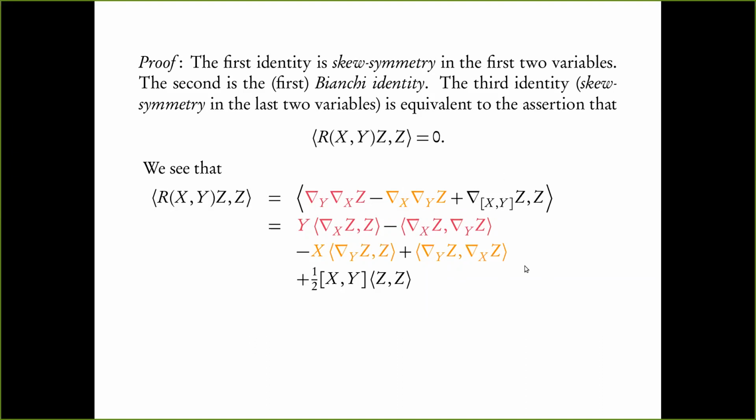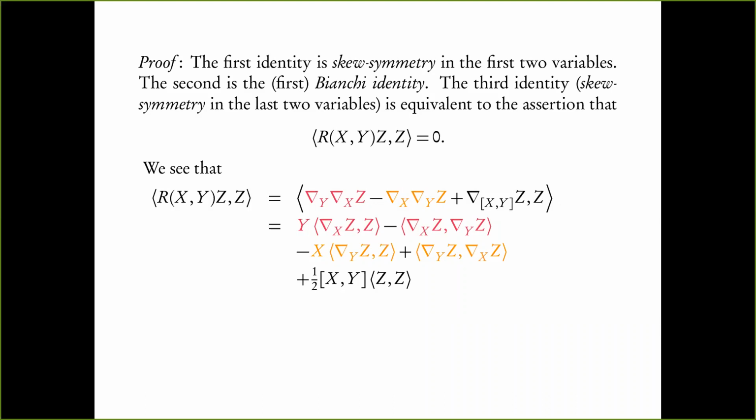So you have to think of metric compatibility again, right? So this is like nabla of some vector field acting on z comma z. So this is the vector field that acts on a pair. So what should metric compatibility tell you? It should tell you that the Lie bracket of x y acting on the inner product z z is equal to nabla of the Lie bracket xy acting on z dot product z plus z dot product nabla Lie bracket xy z. But these two terms are the same because of the symmetry of the metric.